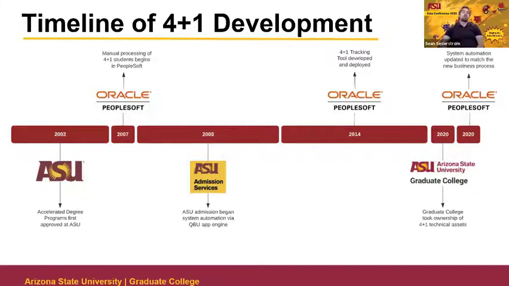So we have now started the process of, one, that transfer of ownership, and two, some new development and revamping of some of the elements. So we're just getting started with that process. There will certainly be more on that to come, but I just want to give you some of the background on what 4+1s have looked like at ASU over time.